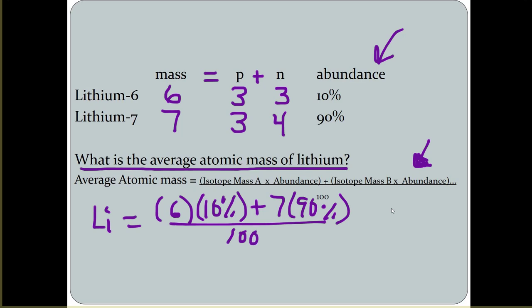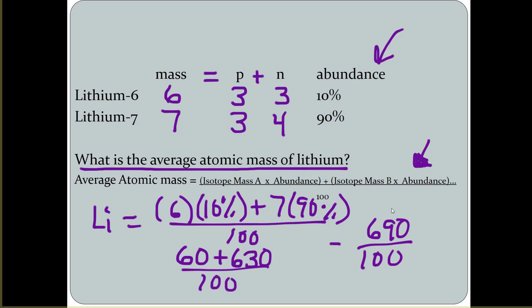We have 6 times 10 is 60, plus 7 times 90 is 630. So that gives us, what is that? That is 690, and I still need to divide by 100. So when we divide that by 100, we end up getting 6.90.